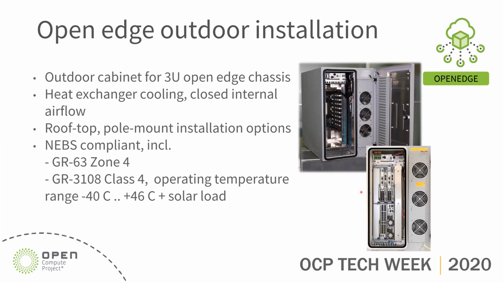I also wanted to add an outdoor option for the Open Edge. This is actually used also by our radio base station products, but it fits perfectly for the 3U Open Edge chassis too. It's 4U of total space, and fitting a 3U chassis in there leaves one more U to be used for additional units.